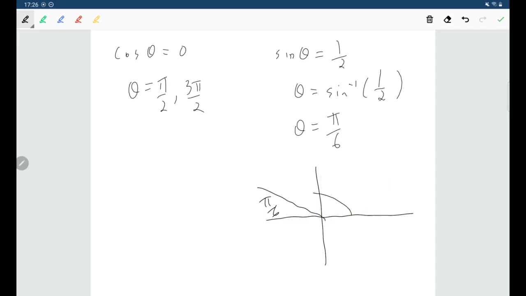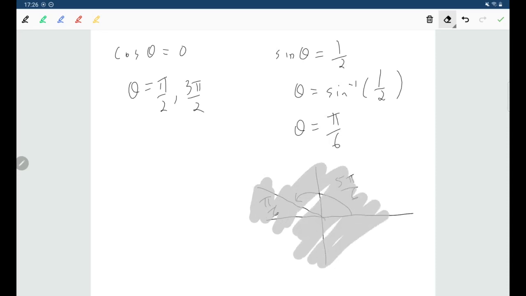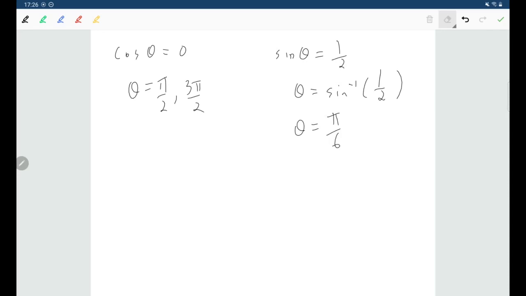So the other place where sine is equal to a half is actually going to be at 5 pi over 6. So it looks like we've now got two more solutions. There's the pi over 6 that we have, and also 5 pi over 6. So that means we've got four solutions in total: pi over 2, 3 pi over 2, pi over 6, and 5 pi over 6.